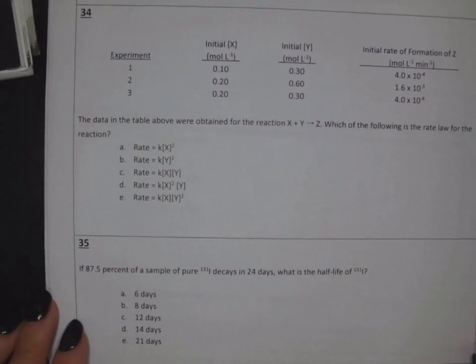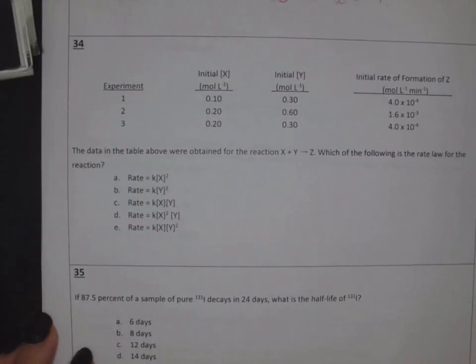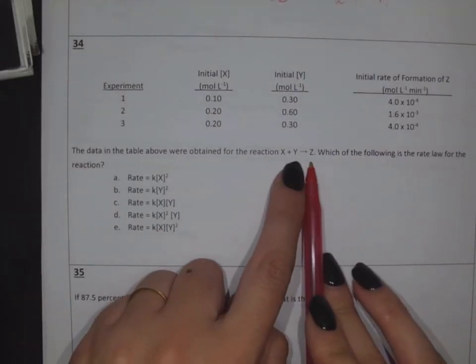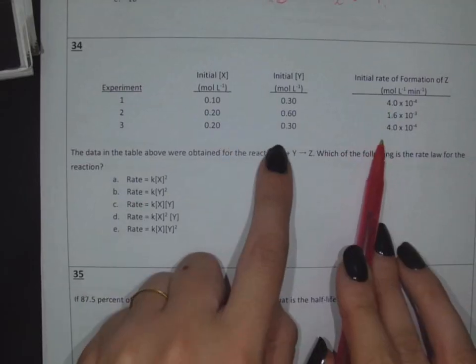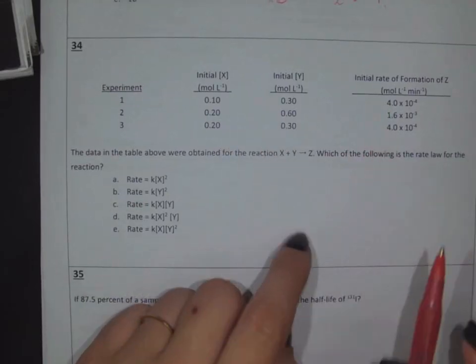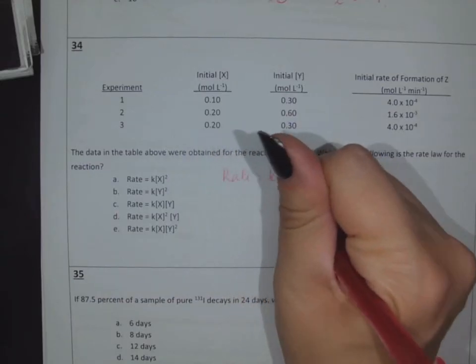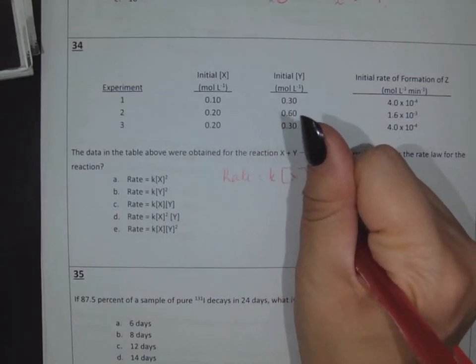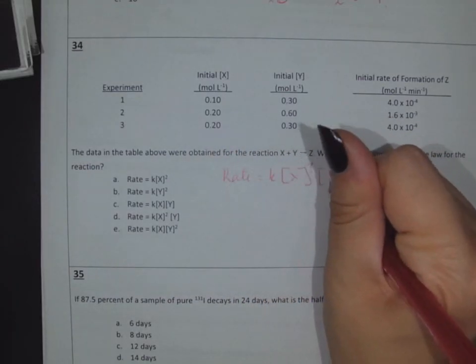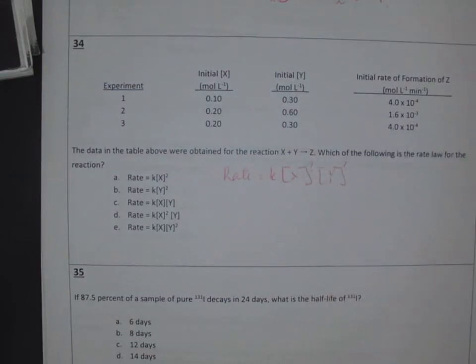34. We want the rate law for this reaction, X plus Y turns into Z, and we had to get it from this experimental data. So we know that it's going to be rate is equal to k, concentration of X raised to something, concentration of Y raised to something. It's only the reactants, it's not the products.